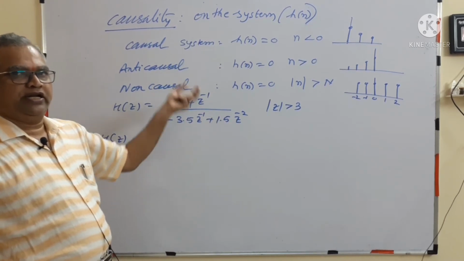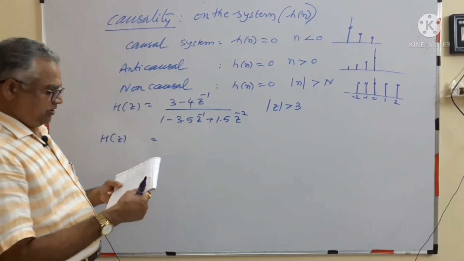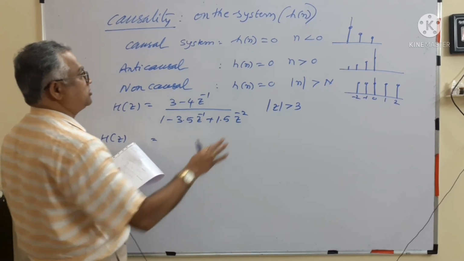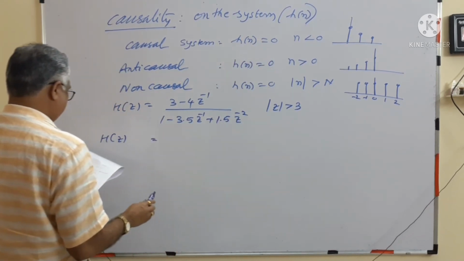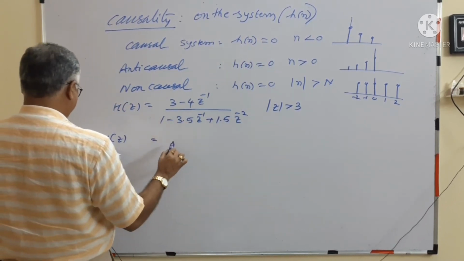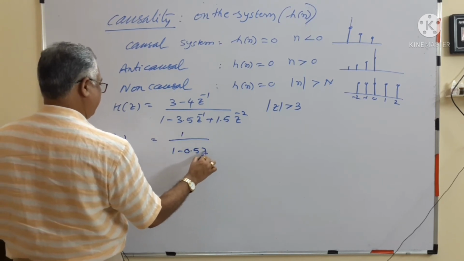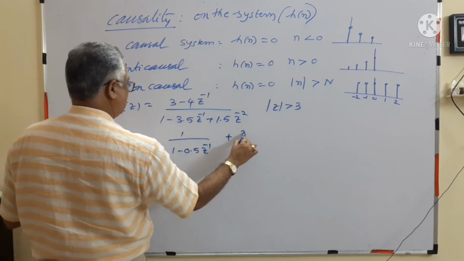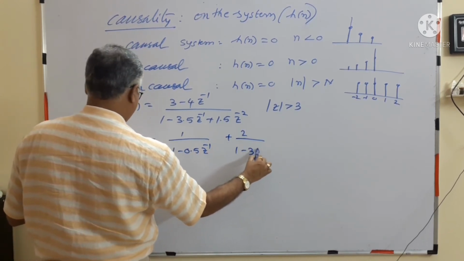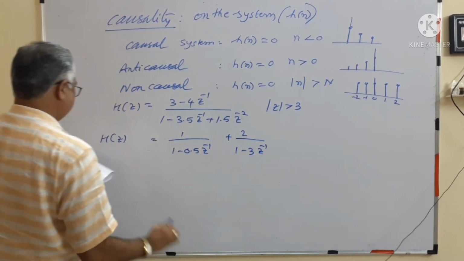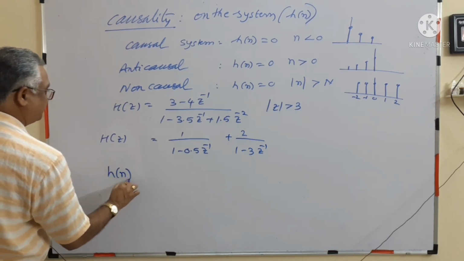That part we have done in enough problems, so I am giving just the end answer, focusing on the causality concept. At the end you get 1 by 1 minus 0.5 z inverse plus 2 by 1 minus 3 z inverse. So what is h of n?